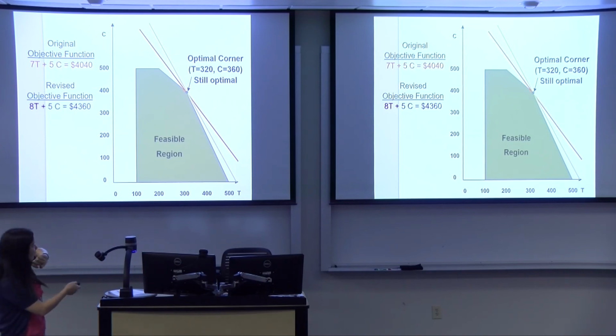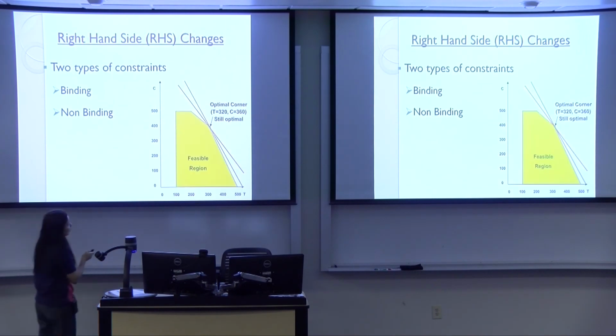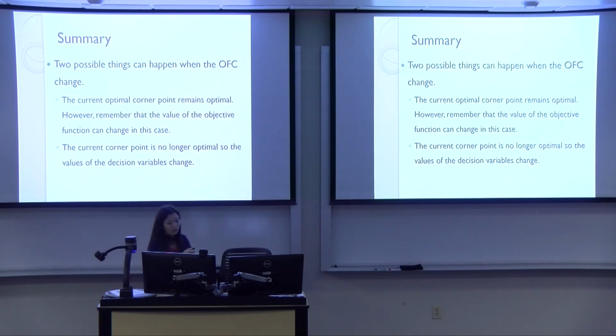From the graph, you know the optimal solution does not change, it is still optimal. But will the objective value change or not? Yes, it must change, because you have the same number of t and c, but here you have 8 times t. So the objective value must change. The other case is that the original optimal solution is no longer optimal. Then the values of the decision variables would change.